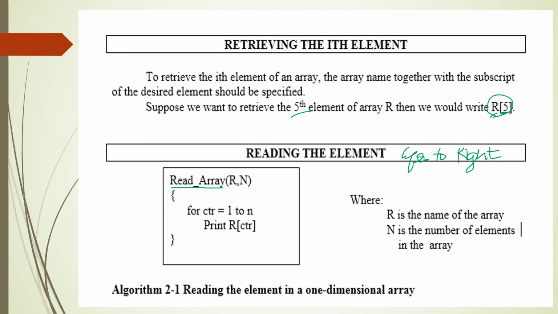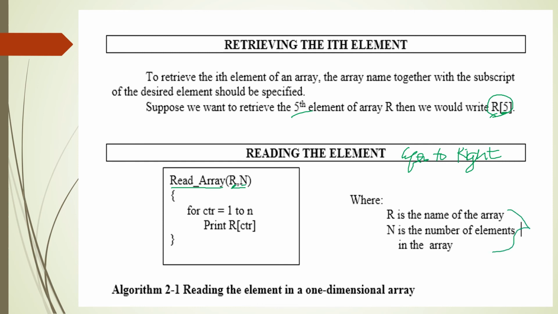Normally, we name the pseudocode with its purpose. So if the purpose is reading the elements of the array, you could name your pseudocode read array. And notice, inside the parameter, we have two variables. We have R for the name of the array and N for the size of the array.